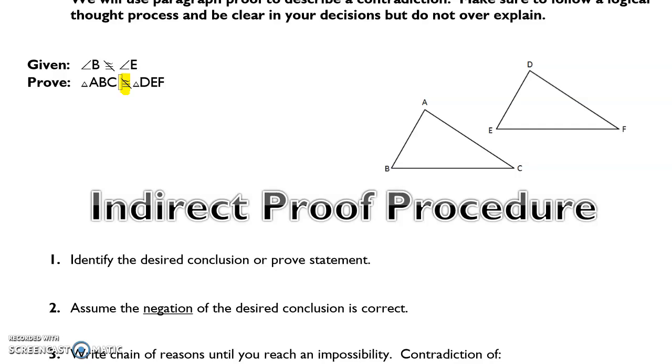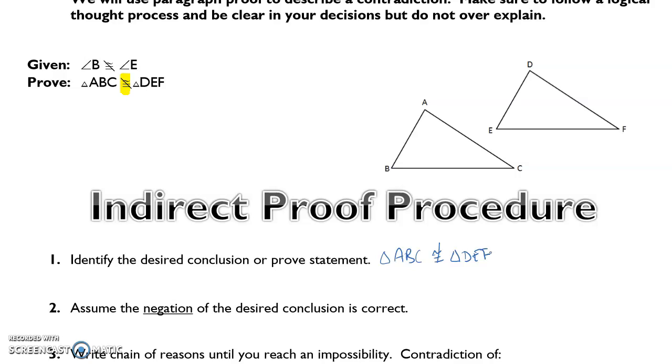In step one, we identify the desired conclusion or proof statement, which in this case is that my triangles are not congruent. That's what I want to prove. And I start by assuming the negation of that.